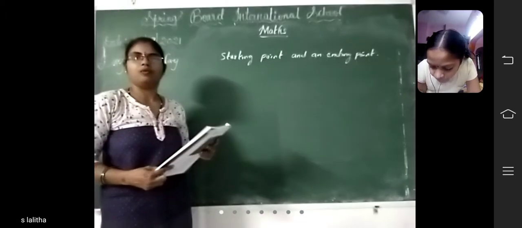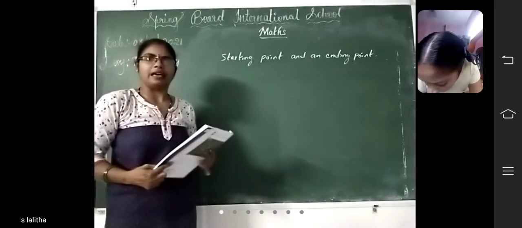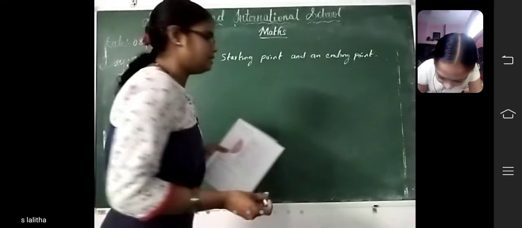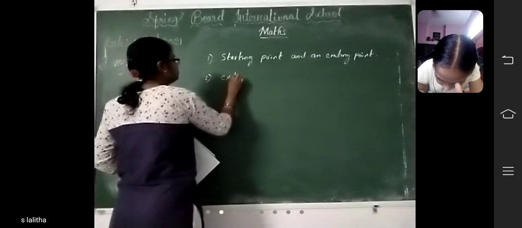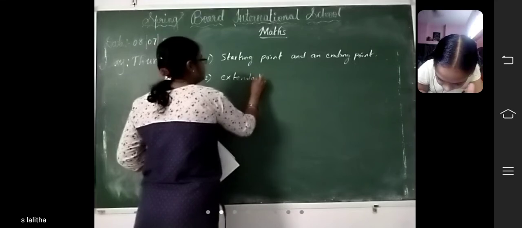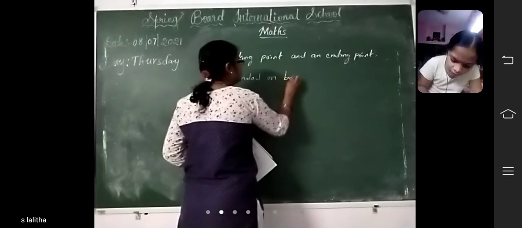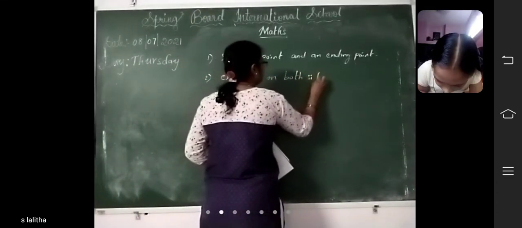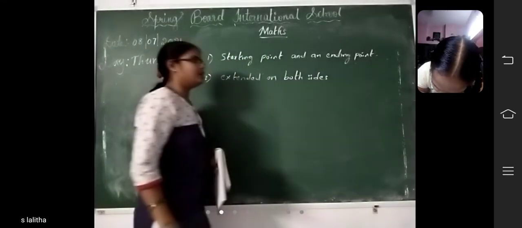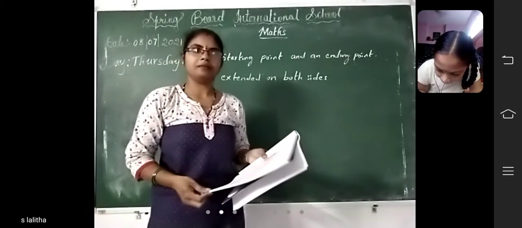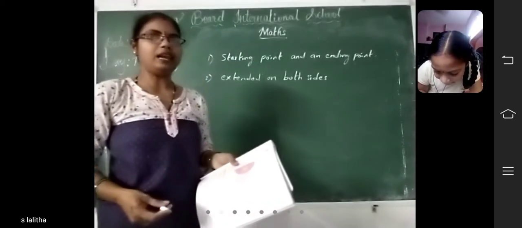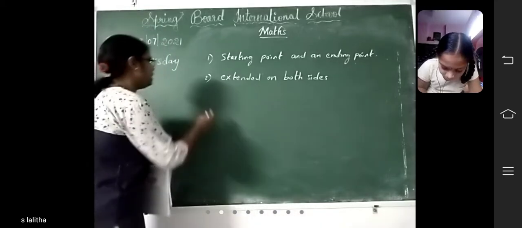Lines are extended on both sides. Next, rays. Rays are part of a line.